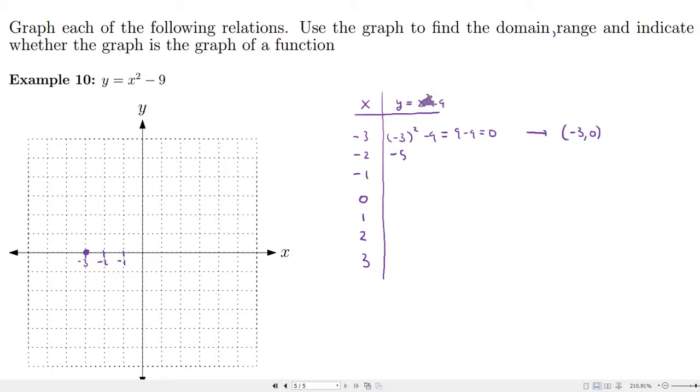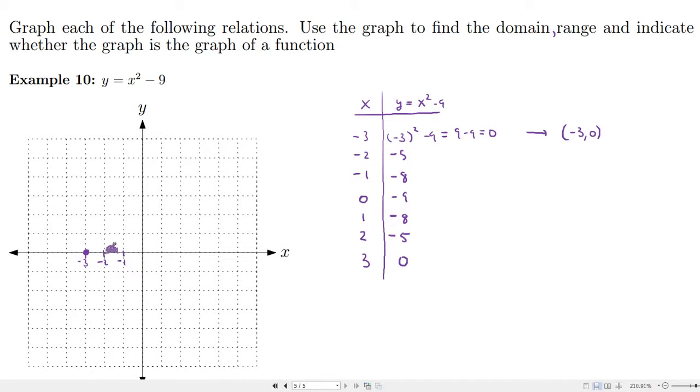And then if I plug in -1 and square it, then I get 1. Minus 9 is -8. 0 minus 9 is -9. 1 minus 9 is -8. 2 squared is 4. 4 minus 9 is -5. And then 3 squared is 9. Minus 9 is 0. Okay, so what are our points here?